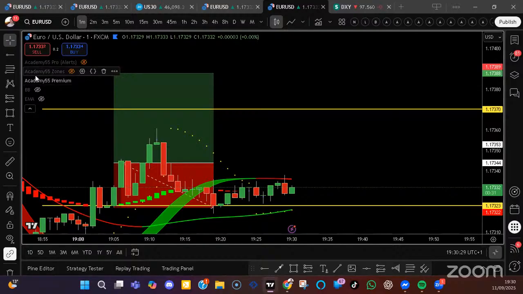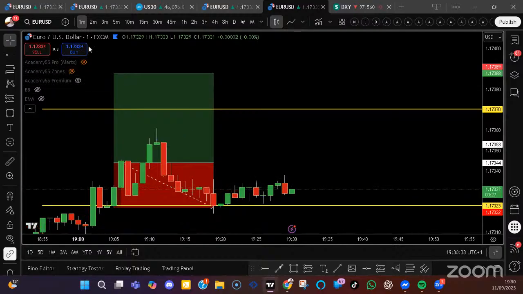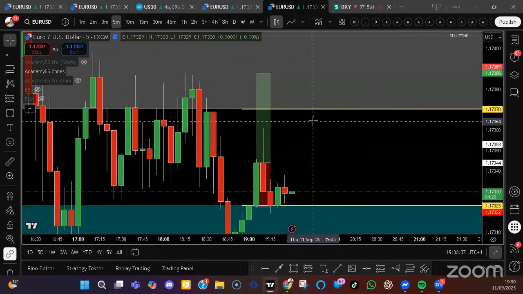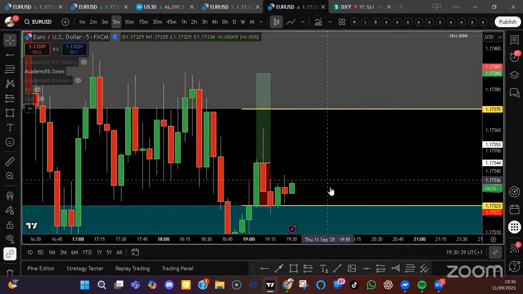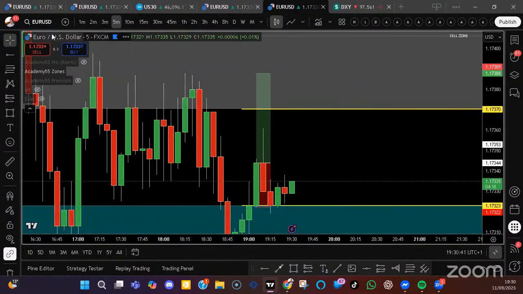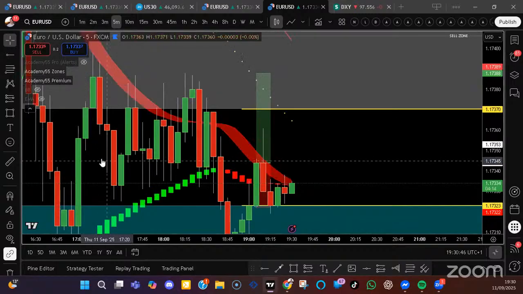So if you ever go any higher than 1 minute, get in the habit of switching them off so you're not confused, and then go on the 5 minute. The only reason you'll go on the 5 minute is to look at the zones. Don't put the indicators on.